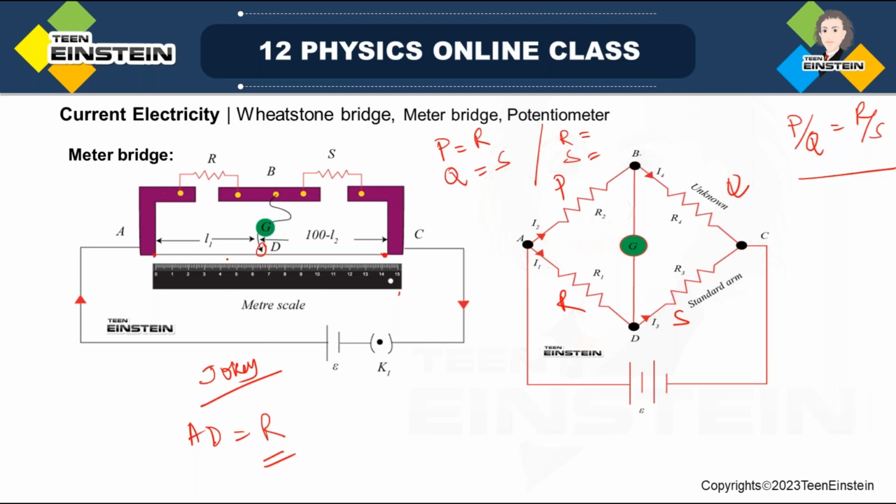Where this null condition or balance condition is found, AD is this much distance. Between AD, what is the resistor? AD will be R. Between D and C, this is the standard, S, which is equal to 100 minus L.